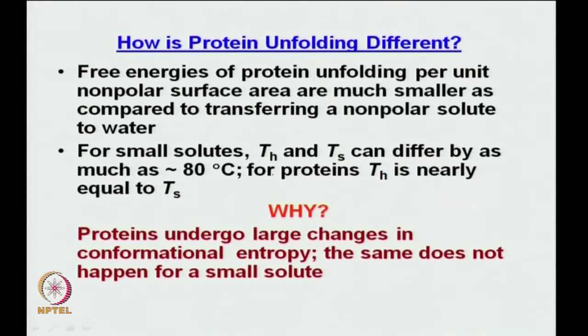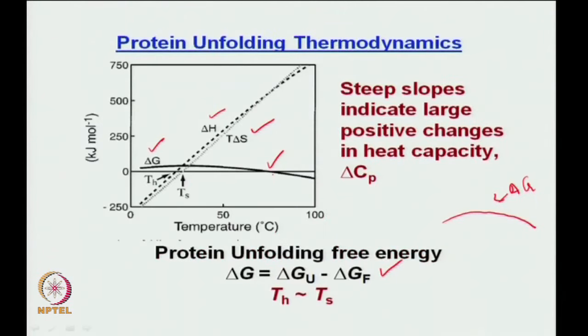How is protein unfolding different? Free energies of protein unfolding per unit nonpolar surface area are much smaller as compared to transferring a nonpolar solute to water. Number 2, for small solutes, TH and TS can differ by as much as almost 80 degrees Celsius. That is what you observed for neopentane, that was the solute. But for proteins, TH is nearly equal to TS, evident from this figure.